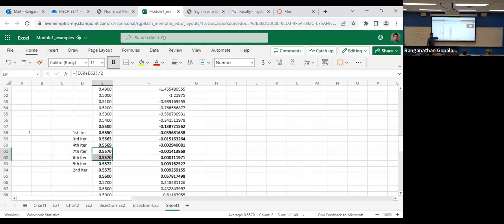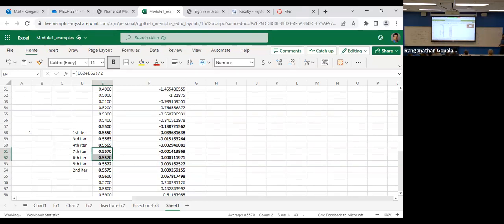Anyway, coming back to decimal points and significant figures, you have 4 decimal points here. If I ask you to write this to 4 significant figures, what will you write? 0.5570. 0.5570, right? So we will write 0.5570, which is 4 sig figs, 4 decimal points.